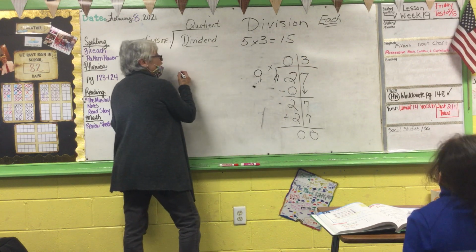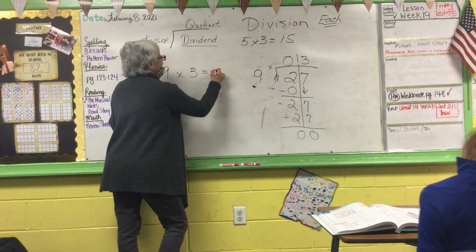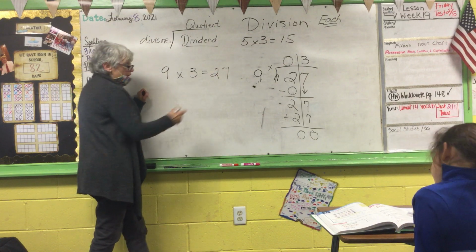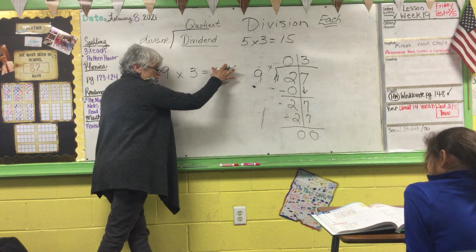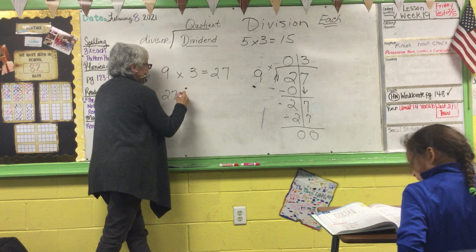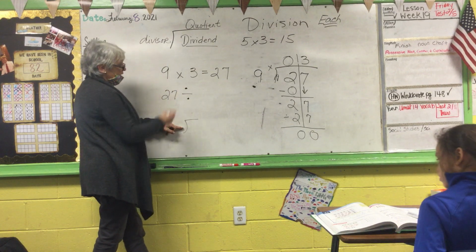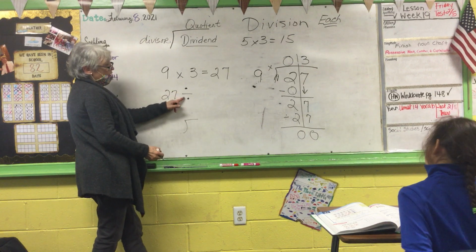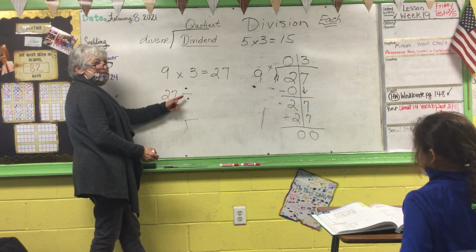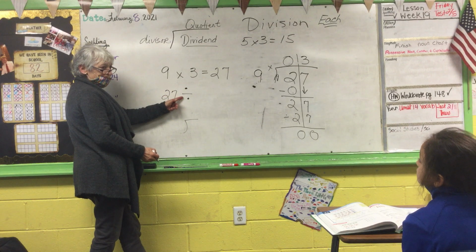So now, if we look at this, we can say 9 times 3 equals 27. Your book's going to show you that. Then we're going to take the total, which is going to be your 27. You see that right there? Now we're using that. These two things are the same. What does that say? Divided by. Say it. Divided by.